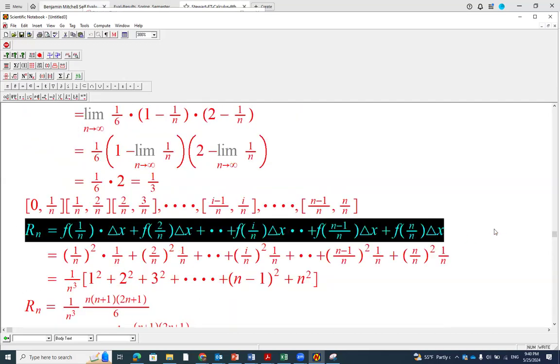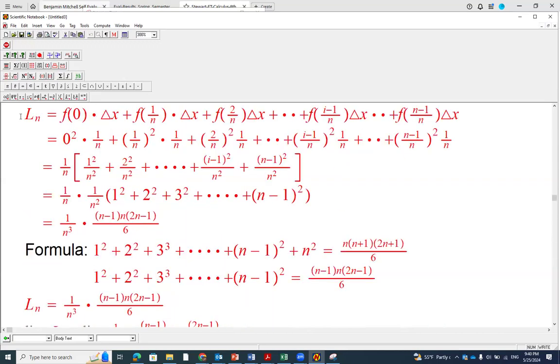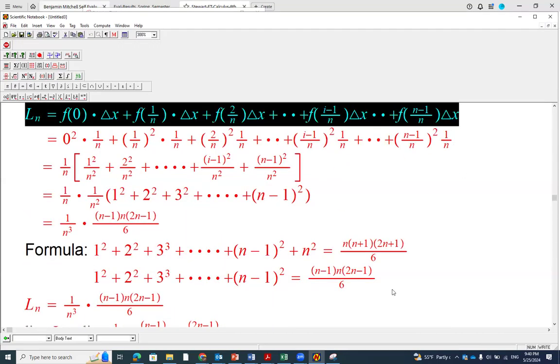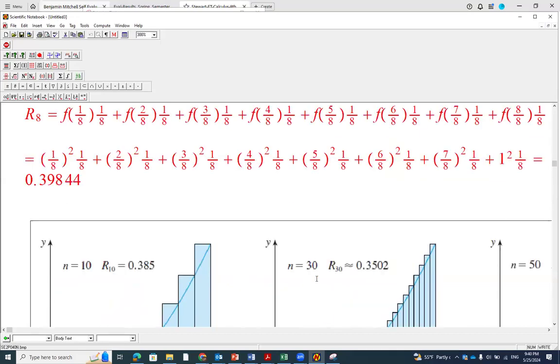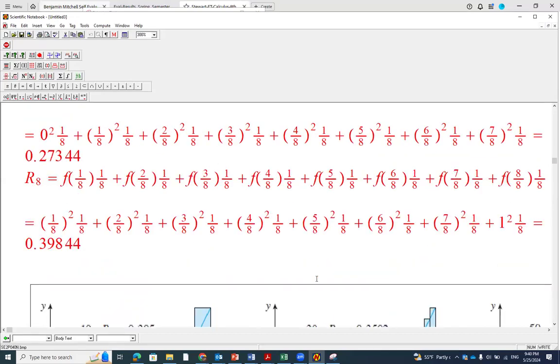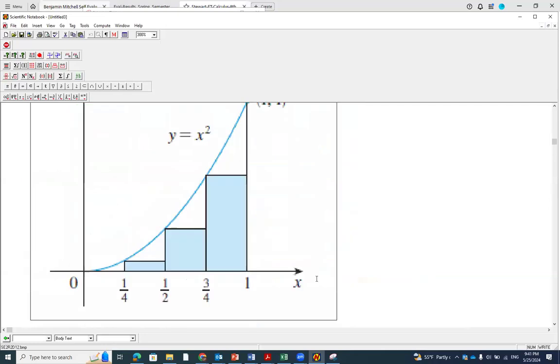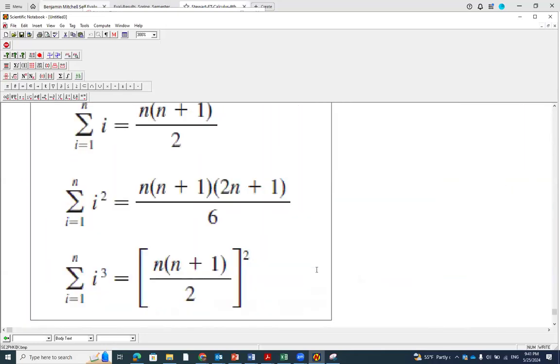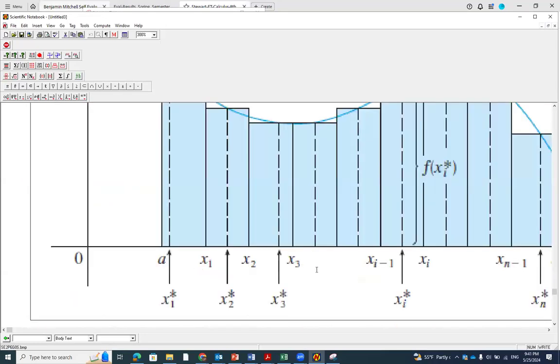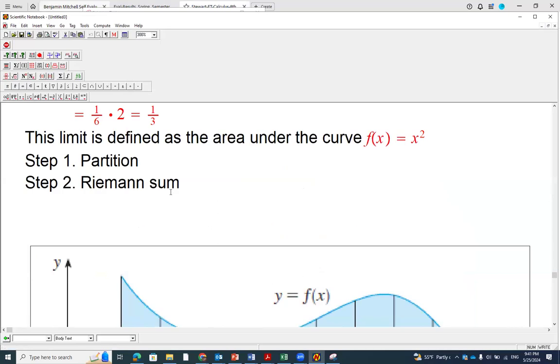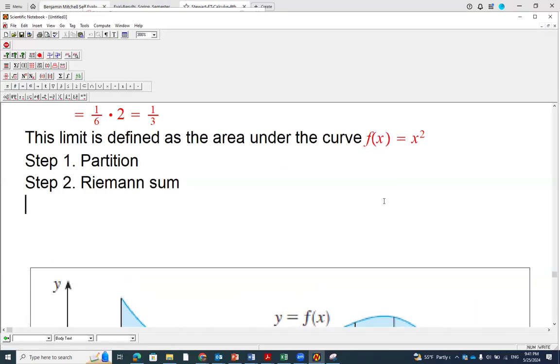This is a Riemann sum, and that is also a Riemann sum. And before that, we have L4, R8. All of these are Riemann sums. So you can see a Riemann sum can be constructed for the specific function that's given. Step 3, take the limit.